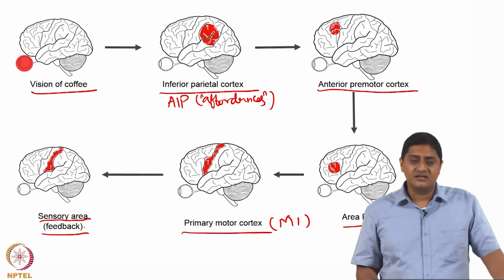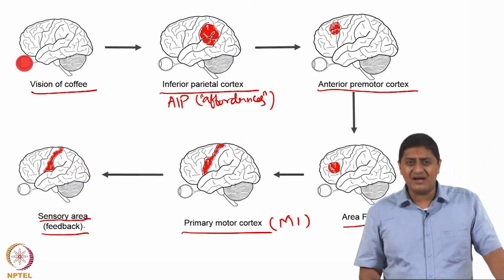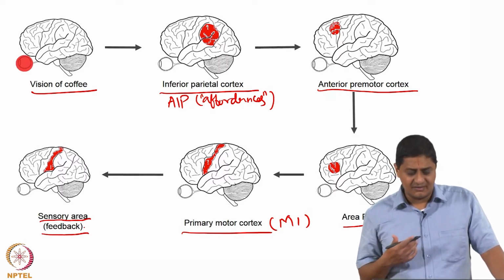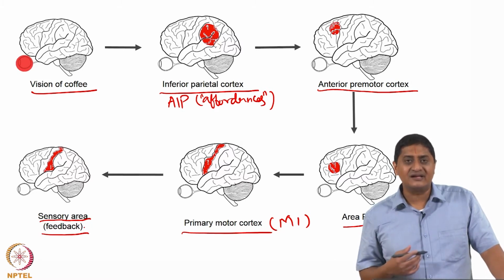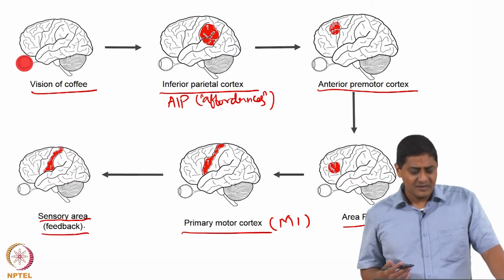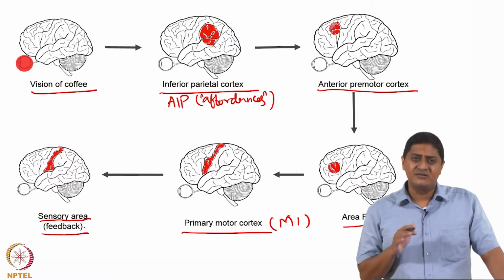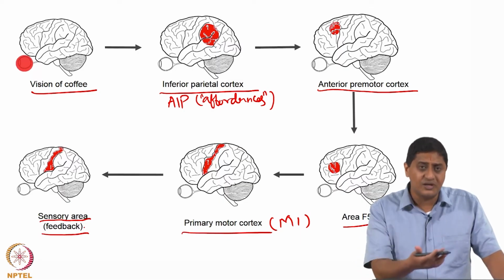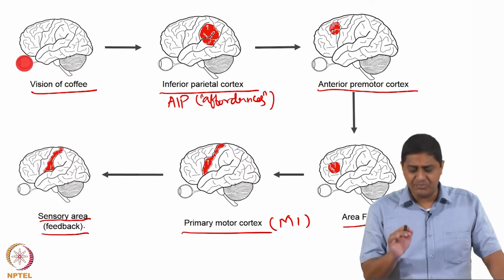So, this is a schematic. Note, this is not a complete picture, we are still working on this topic, this is still a work in progress, there is still active research to understand how exactly grasping is being performed, but this is a very rough bird's eye view, a rough schematic picture of what could probably be going on in a simple task.